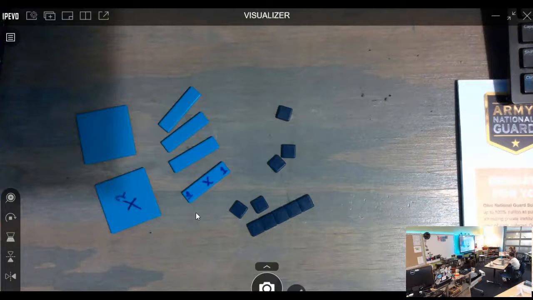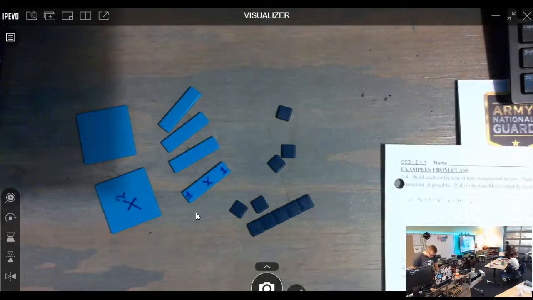Well, so my objective here is how do we then, once we lay out a collection, simplify it?